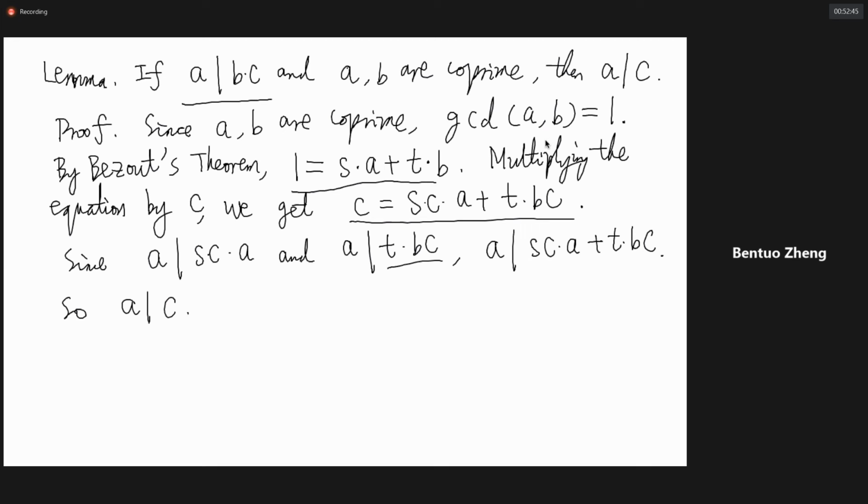So one thing I want to address here is that the condition A and B are coprime is important. You cannot remove this condition.